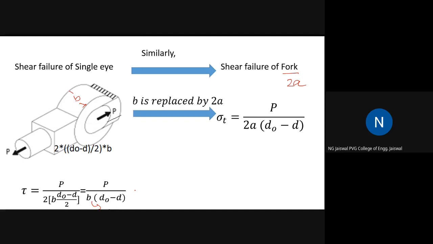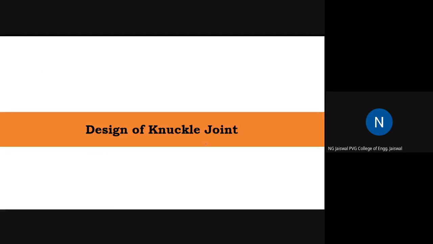You should get the equation of shear failure of fork. So shear failure of fork is similar to shear failure of single eye. Tensile failure of fork is similar to tensile failure of single eye. Only replacement of B by 2A. This is the only replacement, otherwise it is the same thing.